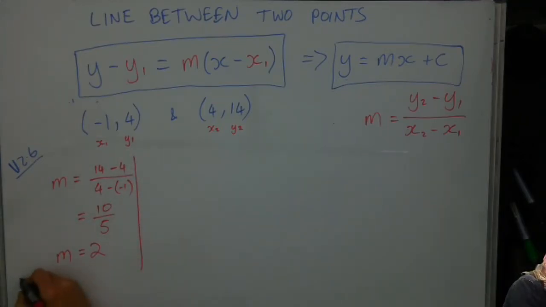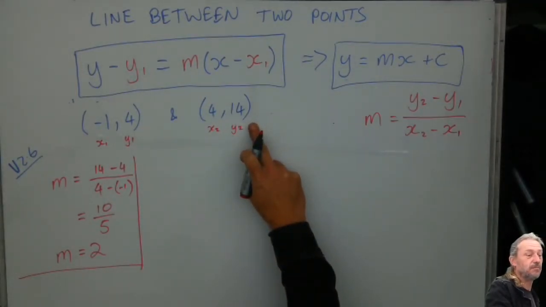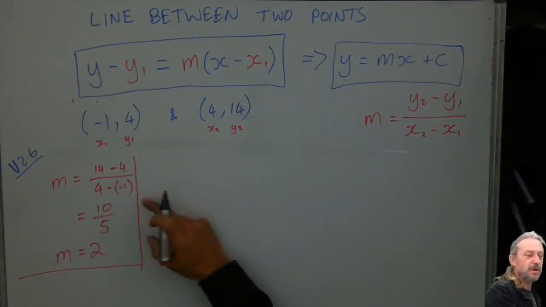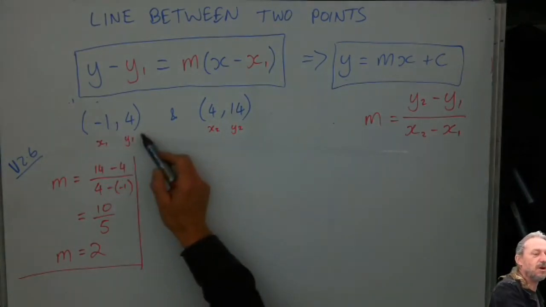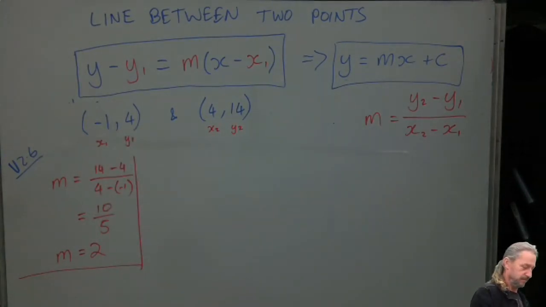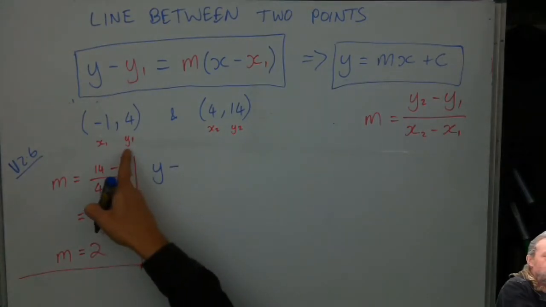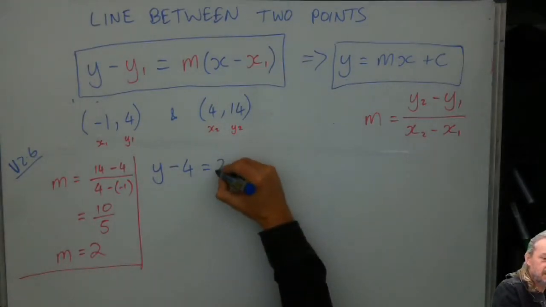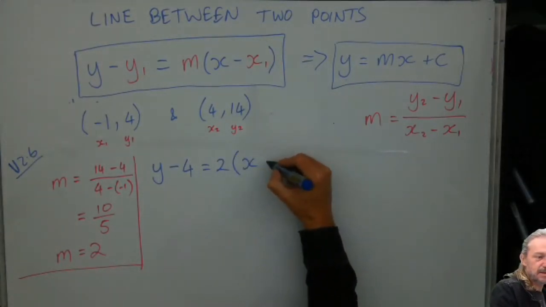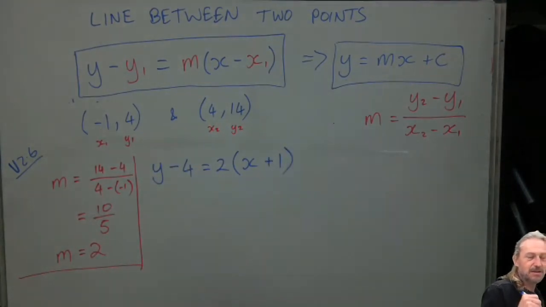Now we've found our gradient, we can use either this point or that point. Once we've got past this point, it doesn't matter which one of these you've called x2, y2, x1, y1, just as long as you use one of the points. So we'll use this one. We're going to go y take away 4 equals our m that we've worked out, 2, lots of x take away -1, so I'm going to convert that to +1.